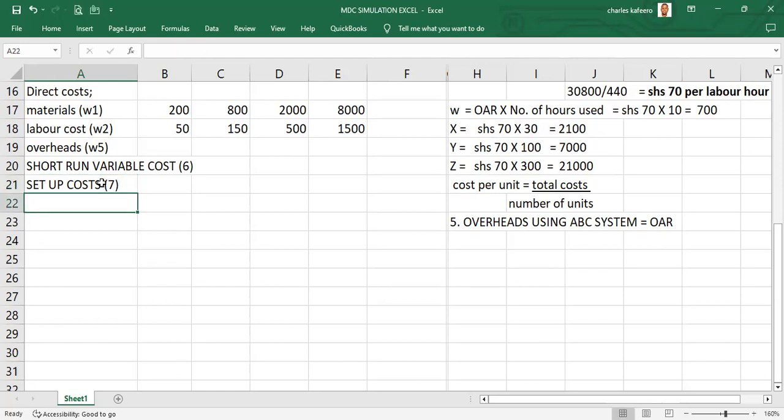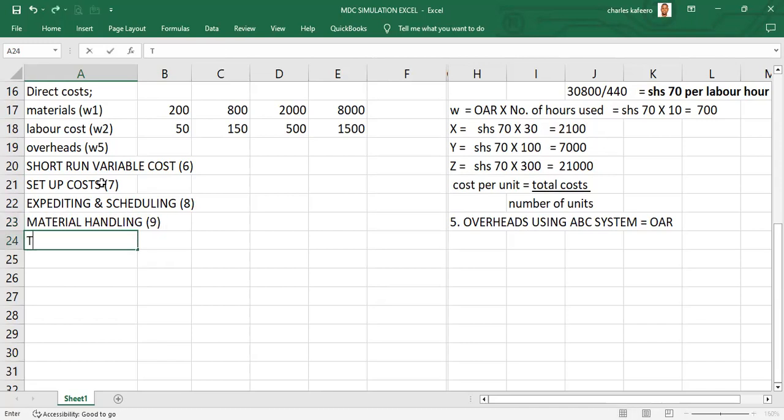Then we also go to expediting and scheduling. This is going to be our working 8. Then we go to the material handling, and this material handling is going to be our working 9.